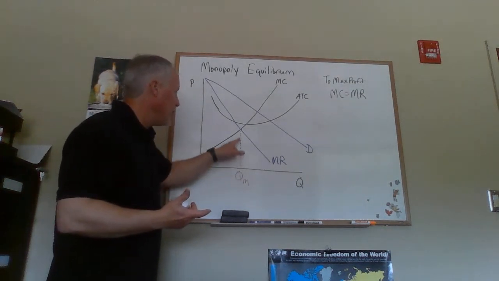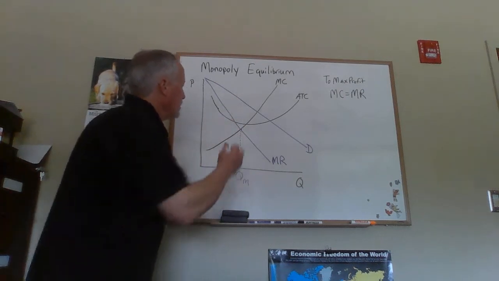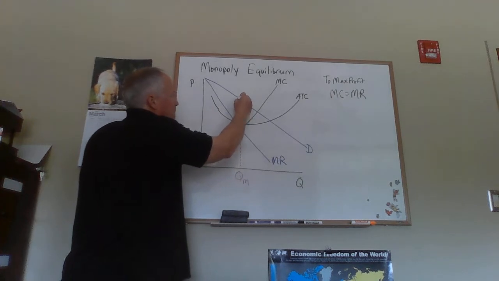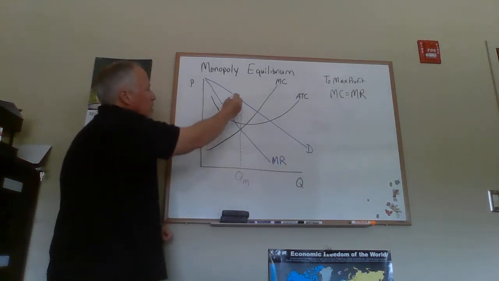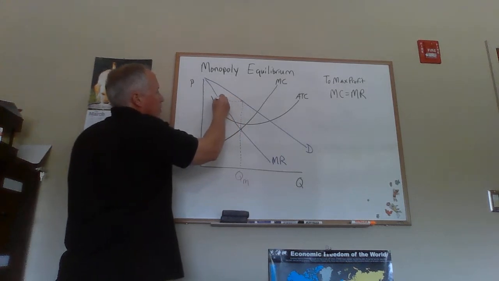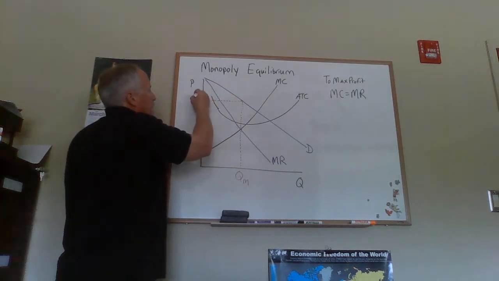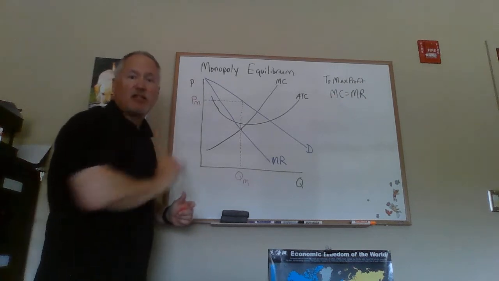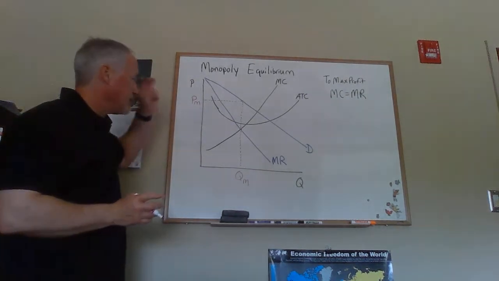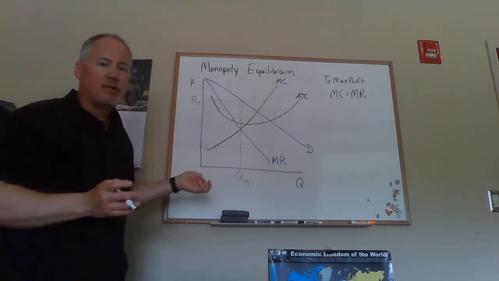So we take this QM and project up to the demand curve. It hits it here, and then we project this point over to the vertical axis, and that's going to be the price that the monopolist charges, PM. That's the price that will maximize profit for the monopolist.